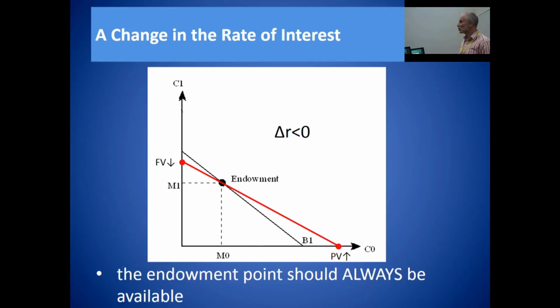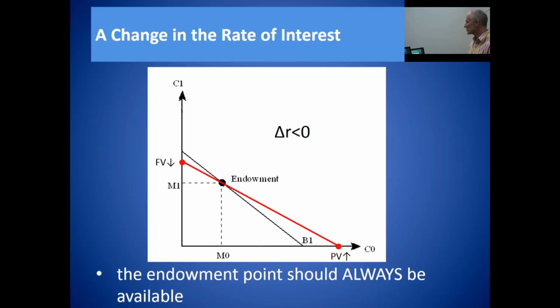After all, a consumer should always have the option, if they want, to neither save nor borrow. So the budget constraint must always run from the initial endowment point. And that's the one mistake that most people make in an exam. And if you attempt a question like this, intertemporal choice, in an exam, and you get the budget constraint wrong, everything else that follows from that is wrong. So, the endowment point should always be available.